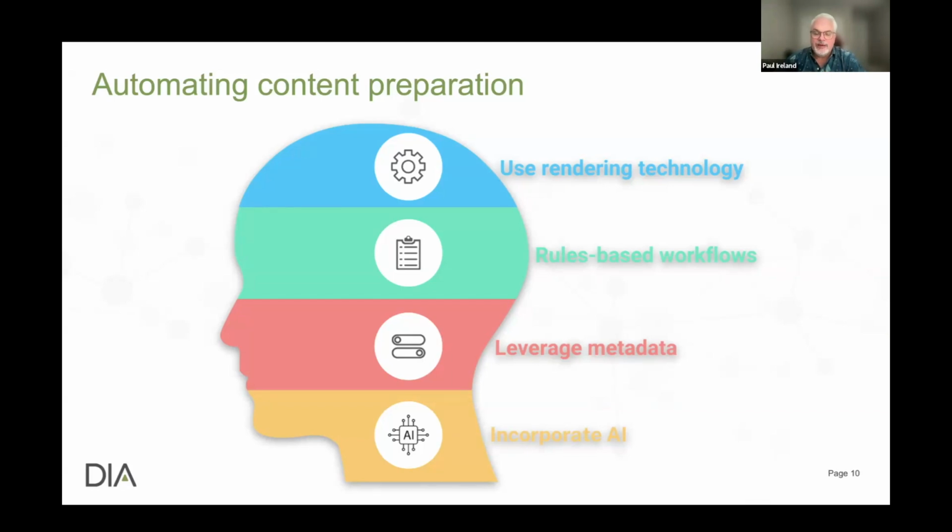All those things can be possible, but the more metadata you have available, which obviously is a key part of a document management system, the more that you can drive automation through your rendering platform within your existing content management systems. The new thing obviously is also being able to incorporate the use of artificial intelligence in those steps.